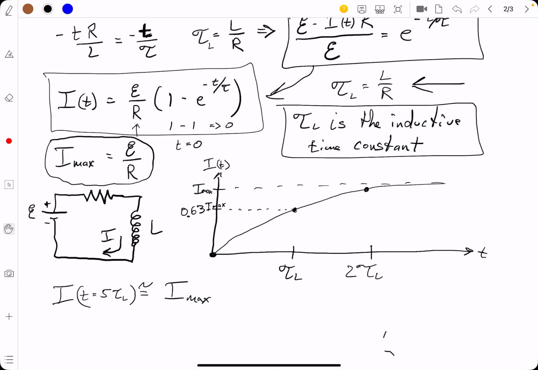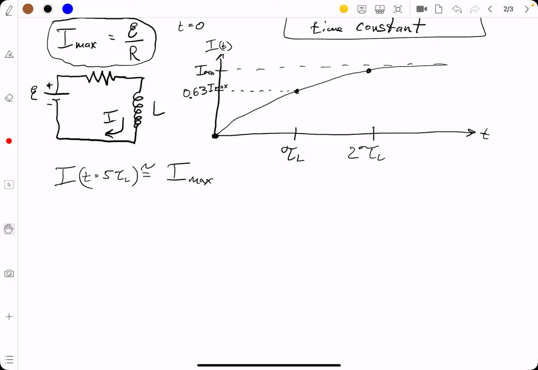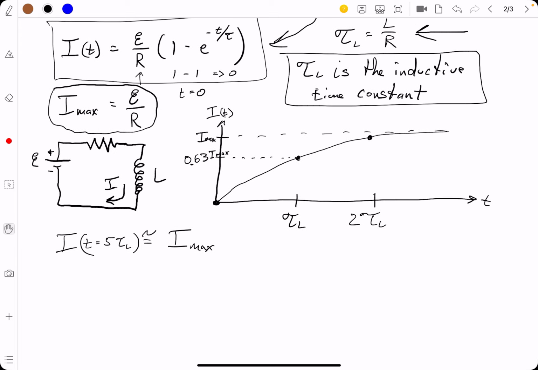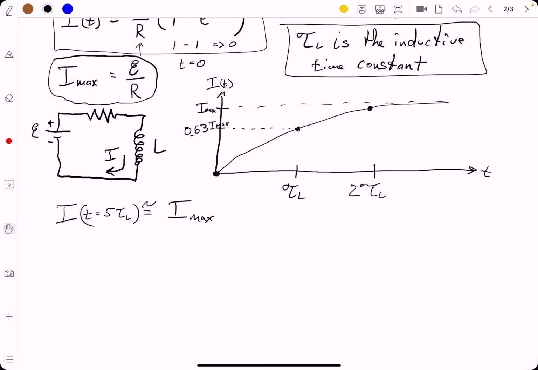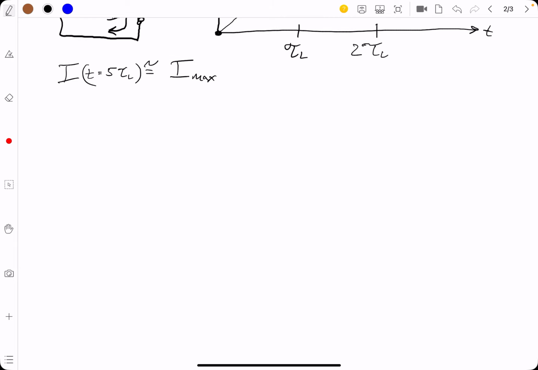Let's do an example. I think an example is in order. I'm going to rewrite it. So let's do an example. We're going to look at t equals 60 seconds.